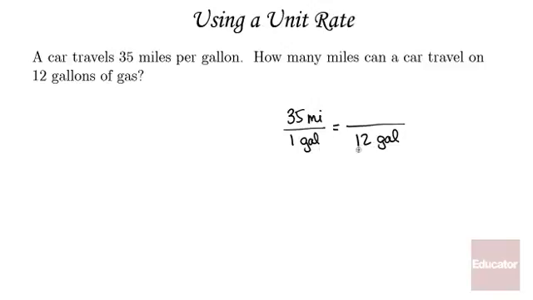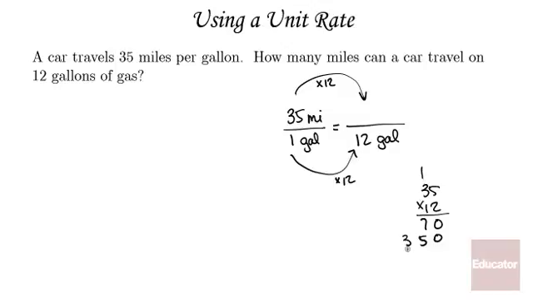For example, I knew to write gallons on the bottom since I had written 1 gallon on the bottom on the left here. So to go from 1 to 12, you're going to multiply by 12. So on top, I'm going to multiply by 12. 35 times 12. 2 times 5 is 10. 6, 7, hold the place. 5 and 3. 0, 12, 4. 420 miles.